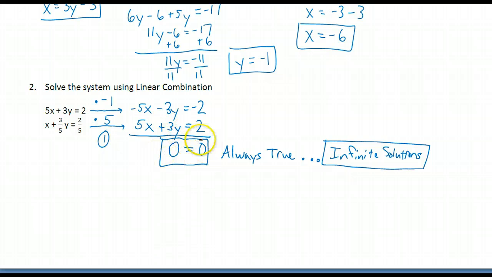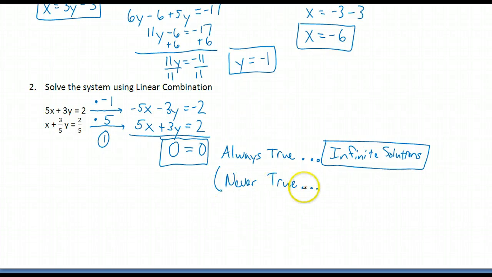So to interpret a system of equations where my variables drop out, I need to look at what I'm left with and decide, is that statement always true or not? If it's always true, my answer is infinite solutions. The opposite of something being always true is something that is never true.